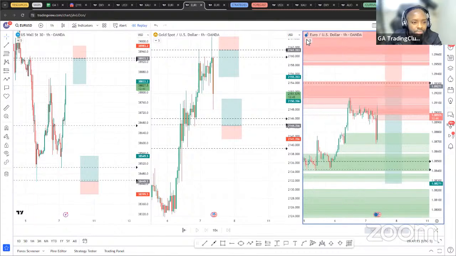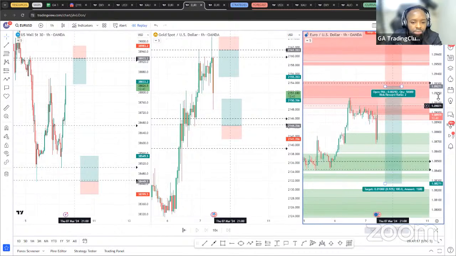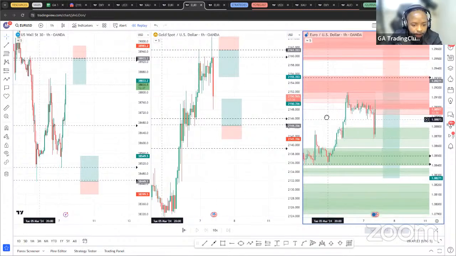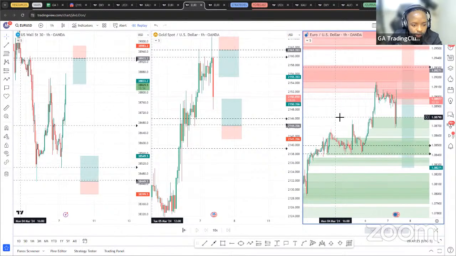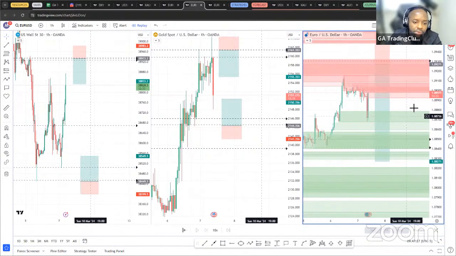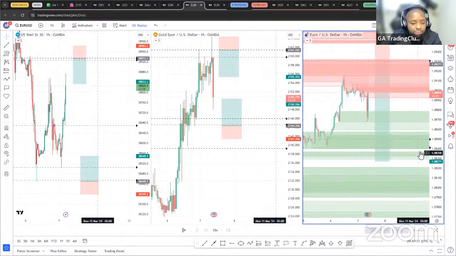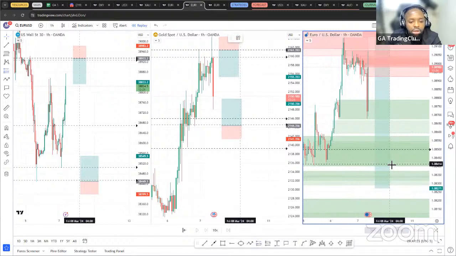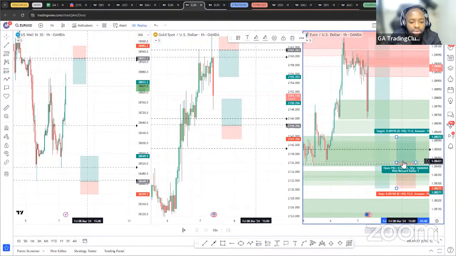Since I reviewed the SAR strategy last week, I noticed that the zones also come into play. So the zones at this point override the SARs. As much as I was using the SARs before, I always asked myself what the nearest zones were.